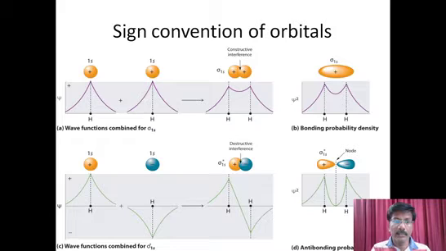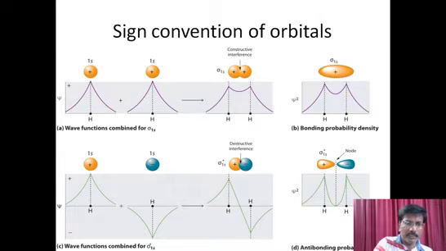So for example, here you see the interaction, the combination. During this combination, the sign is very important, because if positive side and positive side interact, then only there is a probability of finding a new orbital with positive side.